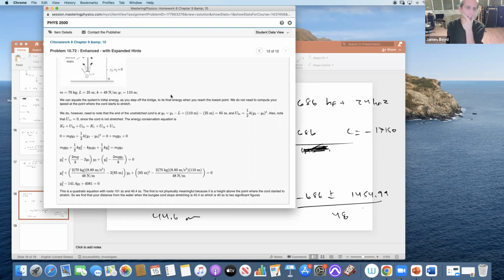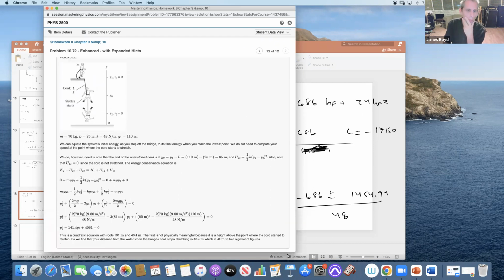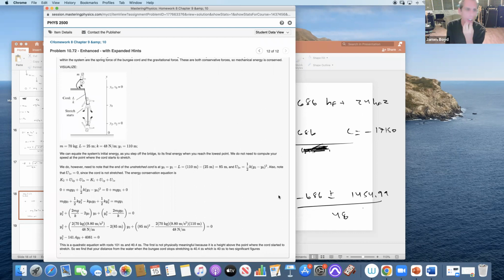What they've got here is they have the initial kinetic energy. If you look, and I'm probably just screwed up because it's late, but the initial kinetic energy at Y1, v initial is 0, v2 is 0. Now, what we need to figure out is the height at Y naught is Y1 minus L, where Y1 is 110 minus L, which is 25.